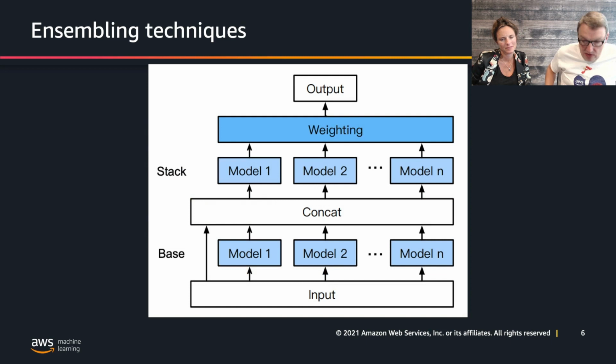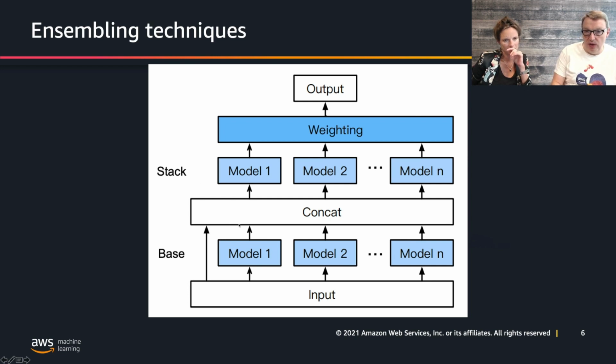So the input layer here is the input data set, and we train those base models, right? And we'll see, in fact, that Gluon uses bagging here. So each one of those is already a bagged model. We concatenate the outputs, so the predictions, and we train level 2 models.